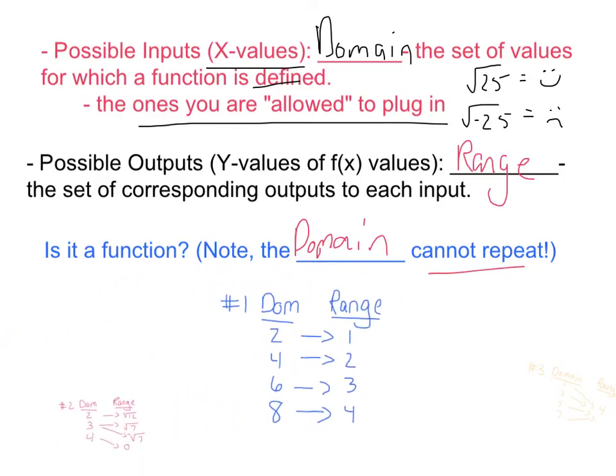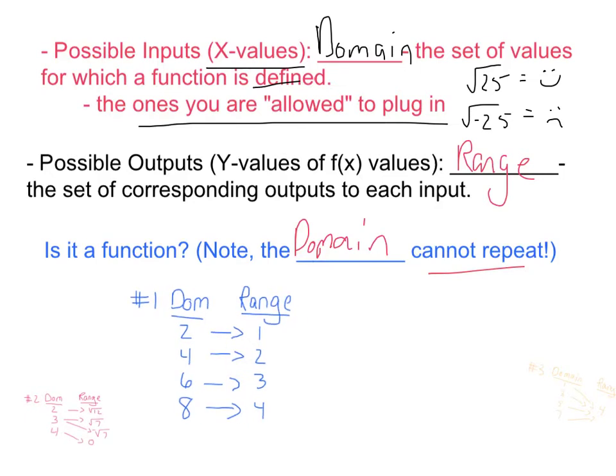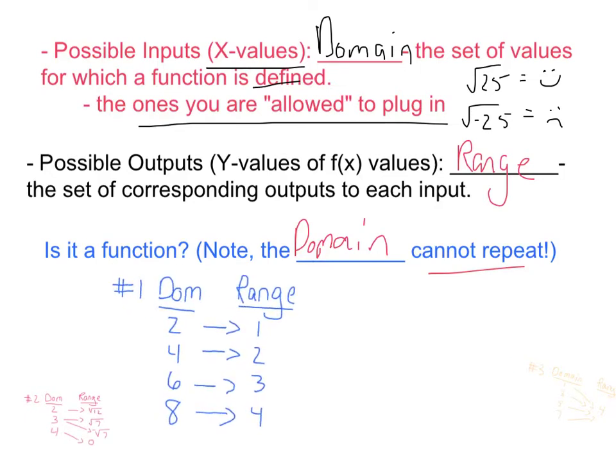Here's number 1. Let me move number 2 out of our way. Is this a function? Yes or no? Does the domain repeat? Let's see here. 2, 4, 6, 8. Well, it doesn't. So you know what? This guy's a function. So just put function right there. He's good. All right, cool.